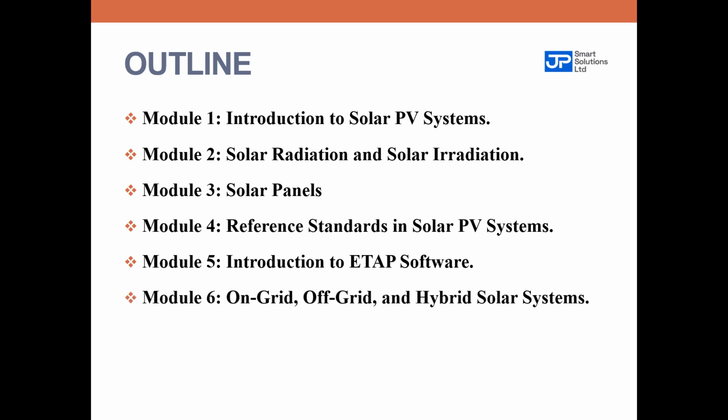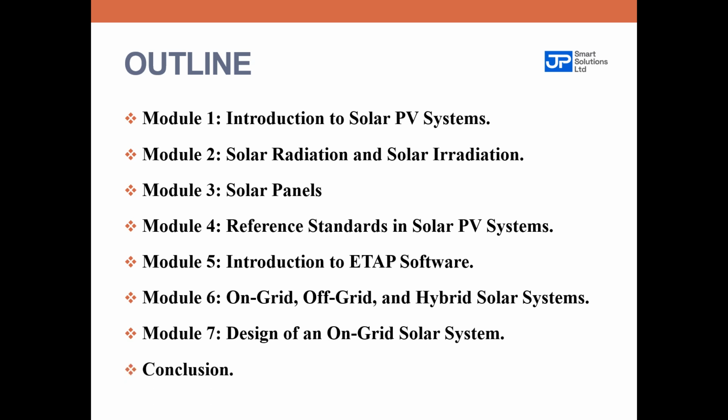Module 6, we are going to talk about on-grid, off-grid, and hybrid solar systems. Module 7 will be carrying out the design of an on-grid solar system, and that brings us to the end of the training, which we are going to issue certificates.